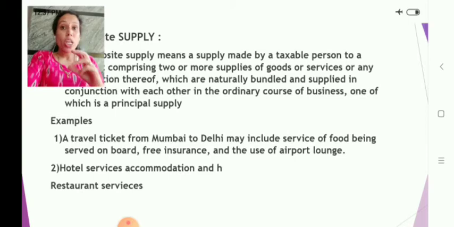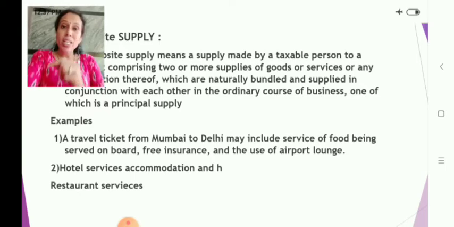It also includes the insurance, right? It also includes all other service charges they provide over there. So totally you are paying 10,000 rupees. So 10,000 rupees you are mainly paying for air travel. But along with that you get additional services like food, insurance and all. So food, insurance along with air travel is considered as composite supply here.